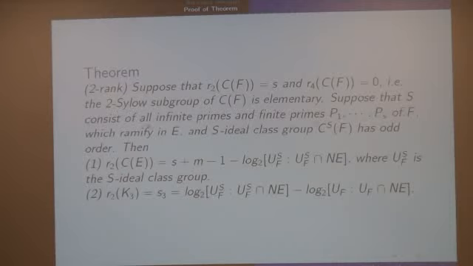Suppose S consists of the infinite primes and finite primes P1 to PS of F which are ramified in E, and the S-ideal class group CE has odd order. Then R2 CE equals to S plus n minus 1 minus log 2 of CFS. CFS is the S-ideal class group.